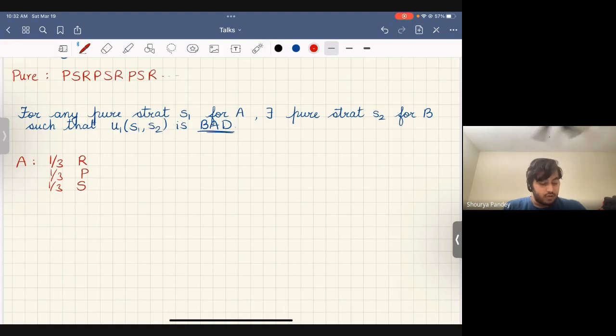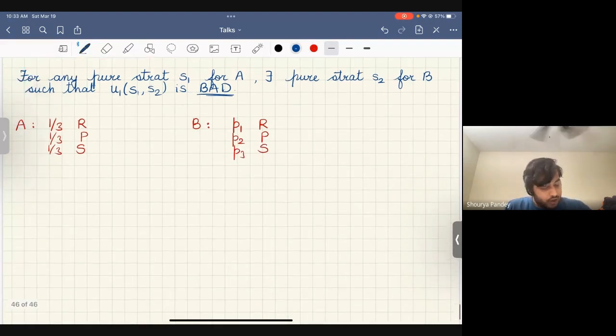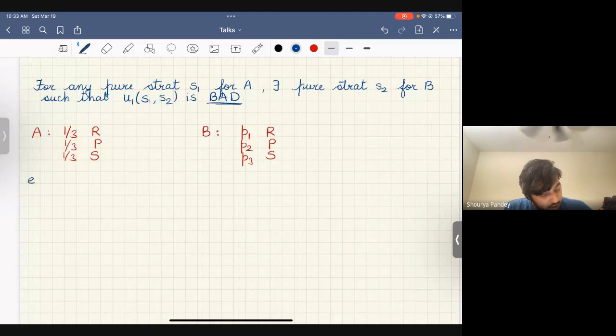Suppose player B's strategy was to play rock with probability P1, paper with probability P2, and scissors with probability P3 in a certain round. Then what is the expected payoff of A?